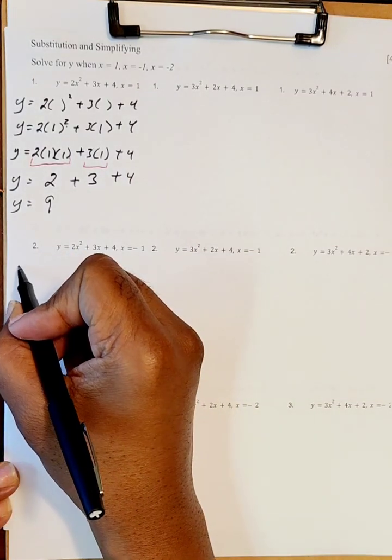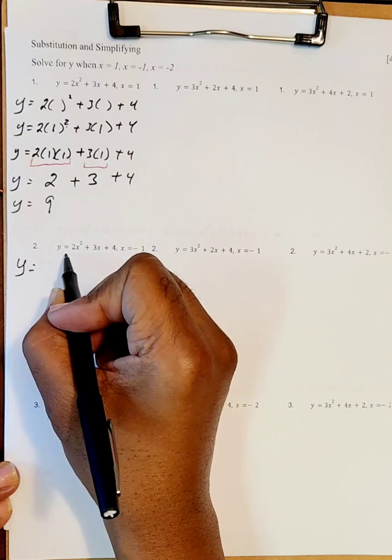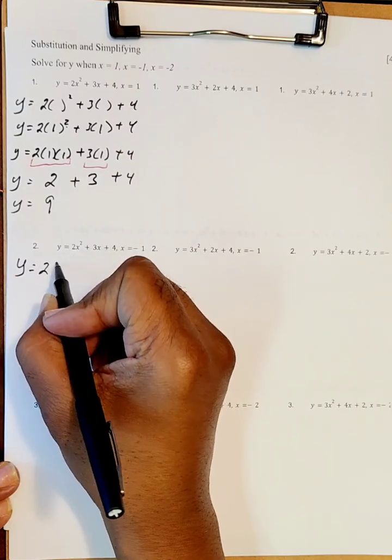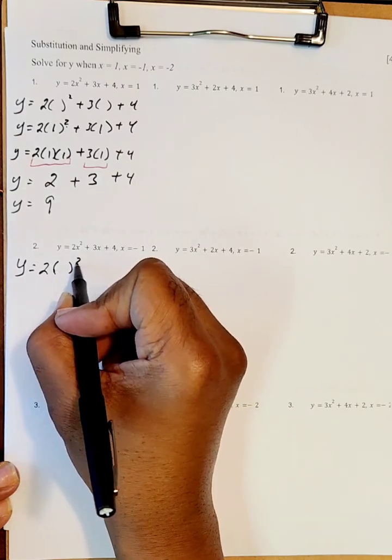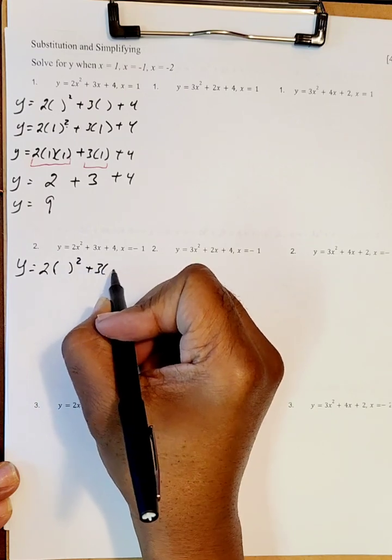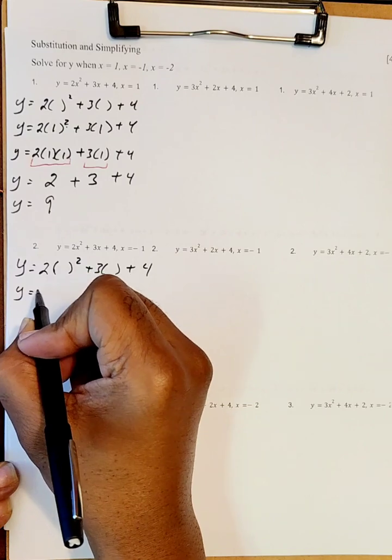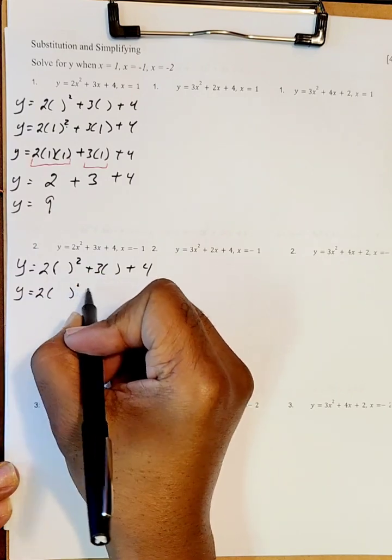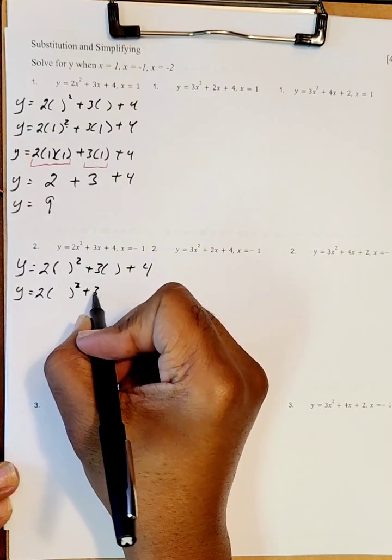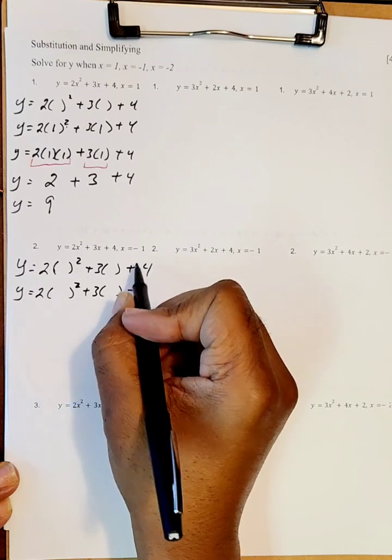Next, we have y equals 2. Instead of the x, we're going to have a parentheses, second power, plus 3, parentheses, and then plus the 4. Now next, we're going to put inside all the parentheses, I'm rewriting the problem, the number -1.